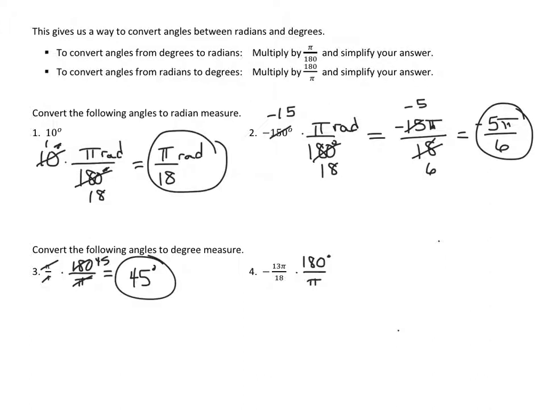So here, let's start canceling out. Our pi's can cross out. We can take an 18 out of the bottom and an 18 out of the top. That leaves us 10. And if we multiply this out, negative 13 times 10 is 130, and on the bottom, we have 1 times 1. So our final answer is negative 130 degrees.